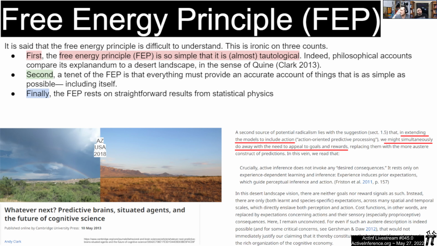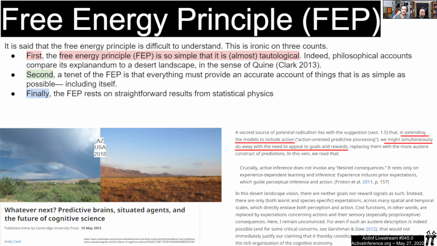A second reason for the irony is that a tenet of the FEP is that everything must provide an accurate account of things that is as simple as possible, including itself. Finally, the FEP rests on straightforward results from statistical physics. So 1 is it's not difficult to understand, it's so simple it's circular. 2 is how can it be difficult to understand when everything is as simple as it must be, including the FEP literature.